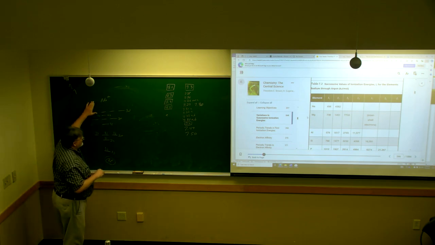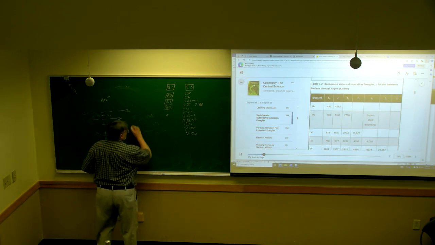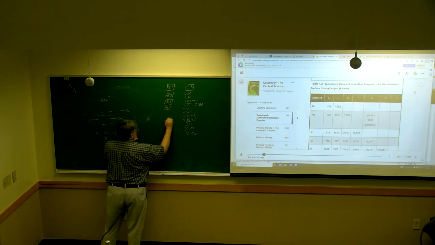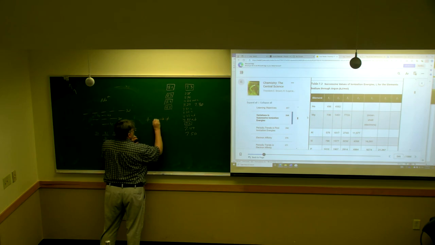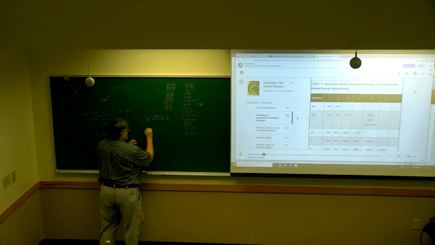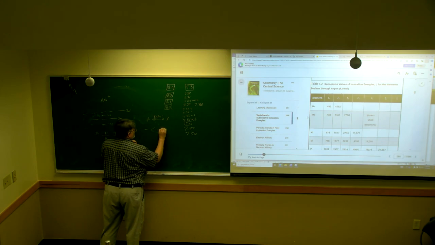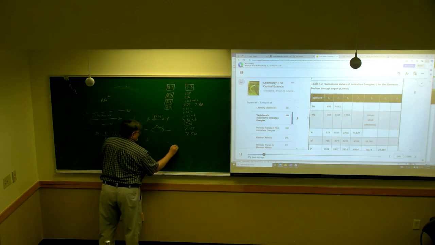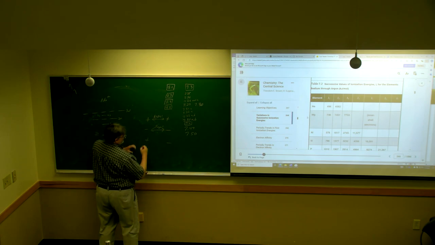I might not have said this, something I could have said right at the beginning of the semester. 2 positive charges repel each other. They don't want to be near each other. Two negative charges, same thing. They repel each other. And a positive and a negative, though, those will be attracted to each other.